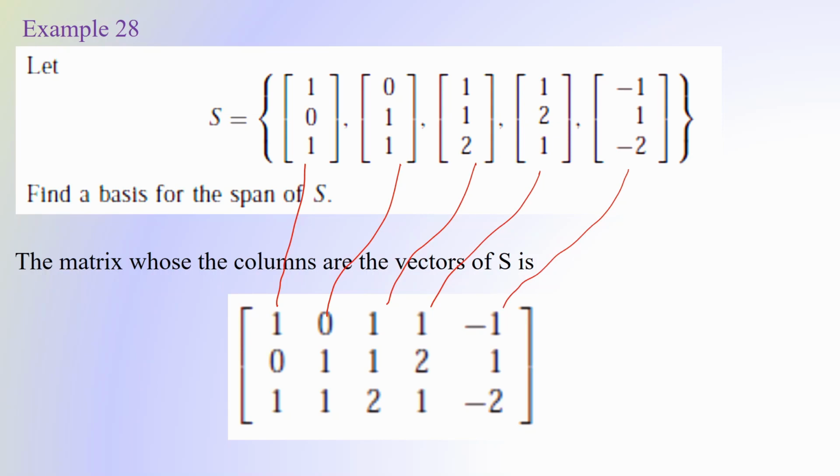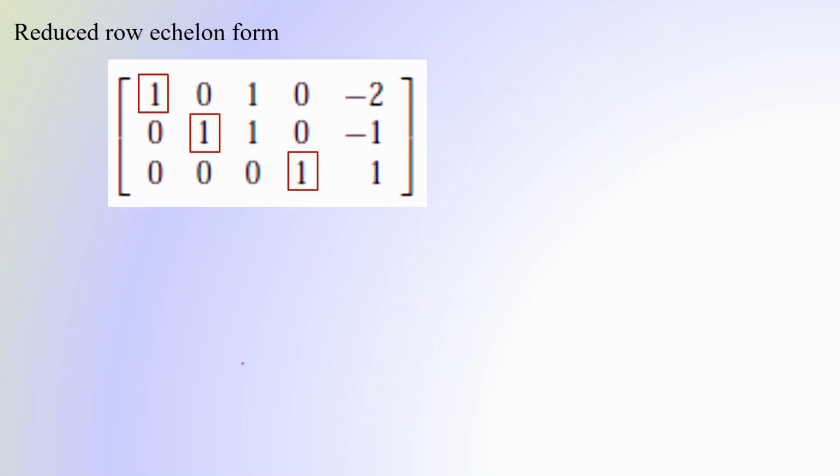Now we have assembled the vectors of S as columns of a matrix A. Now we take this matrix and convert it into its row echelon form using row operations. It will give this reduced row echelon form.